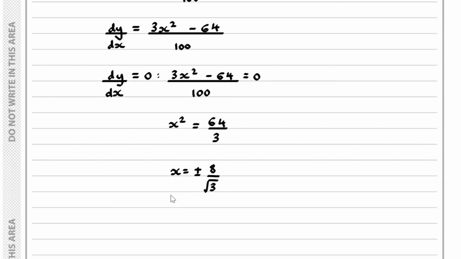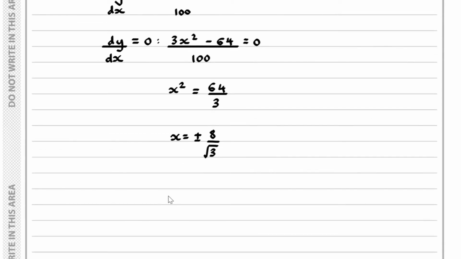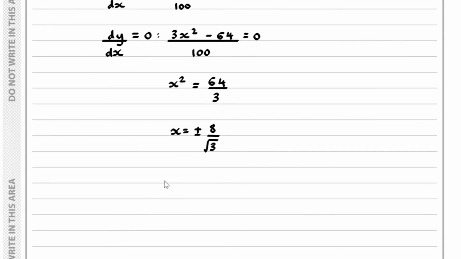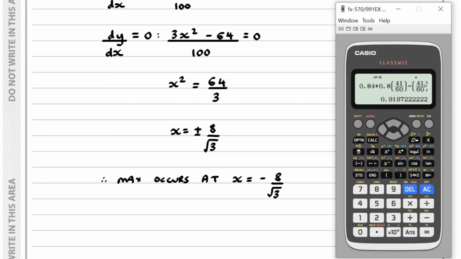And so, therefore, we can say that the maximum occurs at x equals negative 8 over the square root of 3. And if I actually work out what that is, I get minus 4.61.